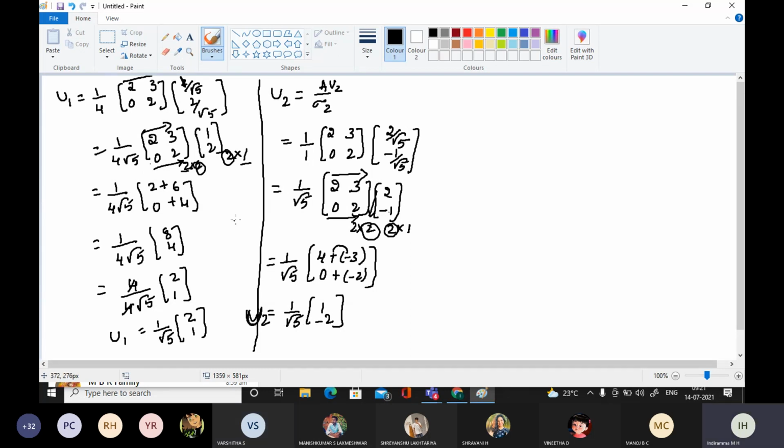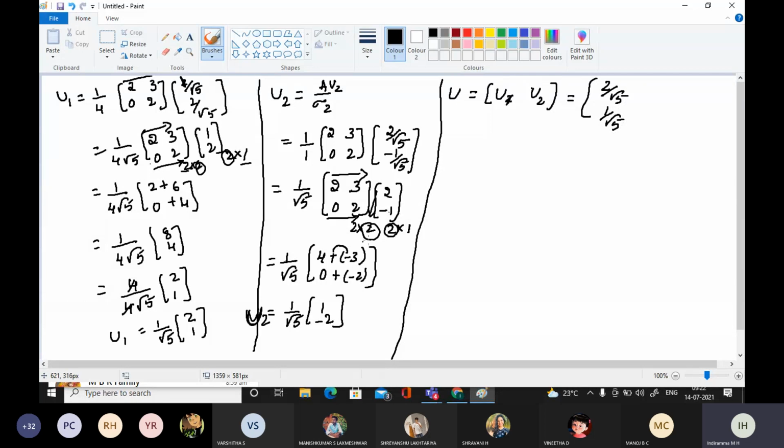Yes, ma'am. So after finding U1 and U2, what do we have to construct? U. So U is equal to U1, U2. Now substitute. What is U1? I will write it as 1 by root 5, 2 by root 5, 1 by root 5.